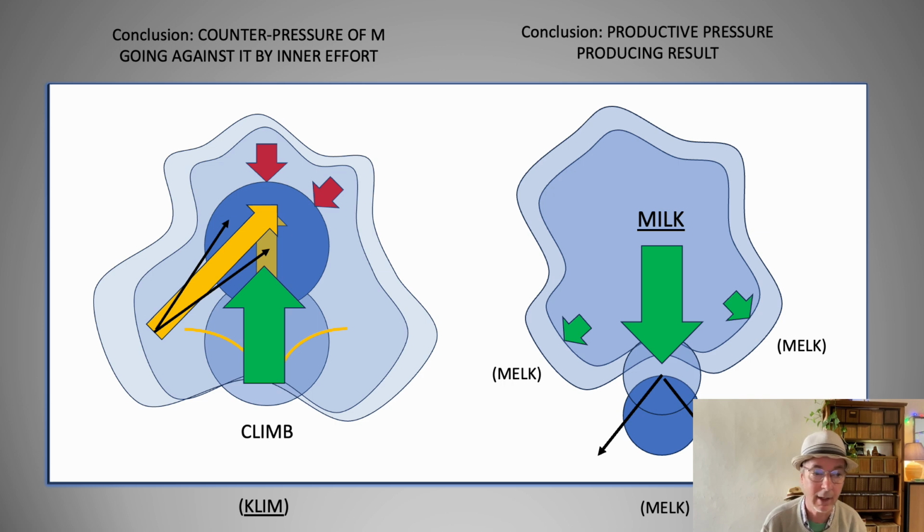Of course, MELK and climbing have nothing to do with each other, but the process that makes you come to the climb or makes itself come to the MELK is, in the letter combinations as a formula, actually exactly the opposite. And that's what is described in letters.